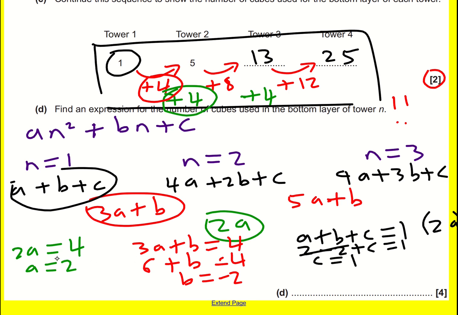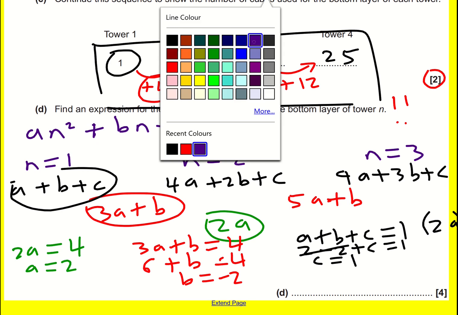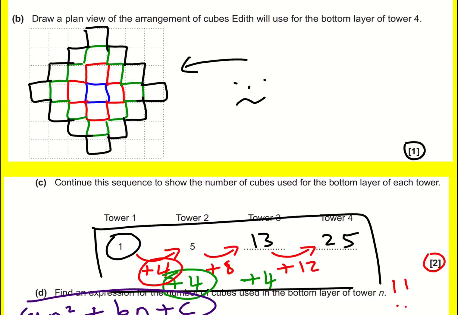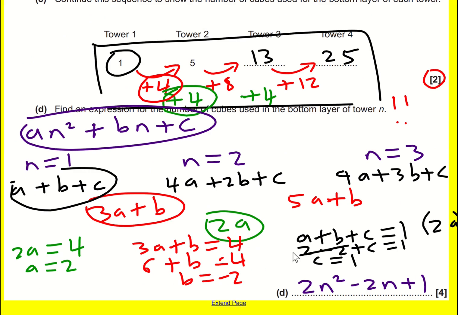And finally, I can just substitute these numbers into my general quadratic sequence, this one. And I can write down that it's 2n squared minus 2n plus 1. Oh, and this question really escalated, didn't it, from just counting squares to finding the nth term of a quadratic sequence.